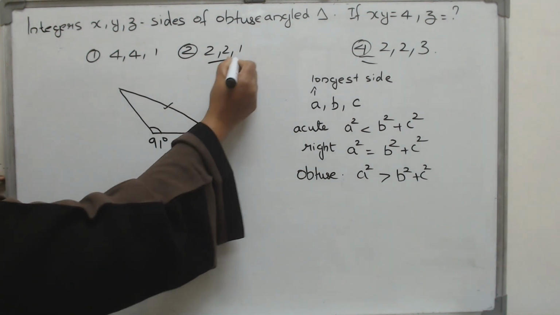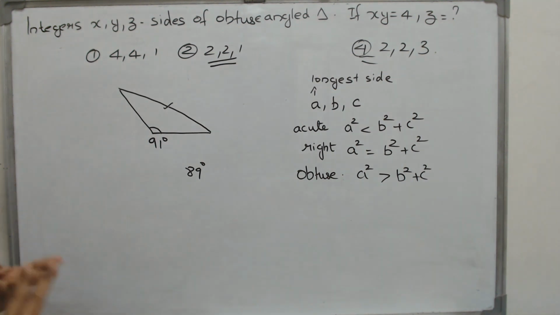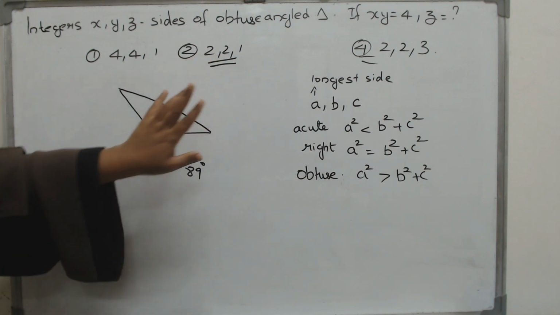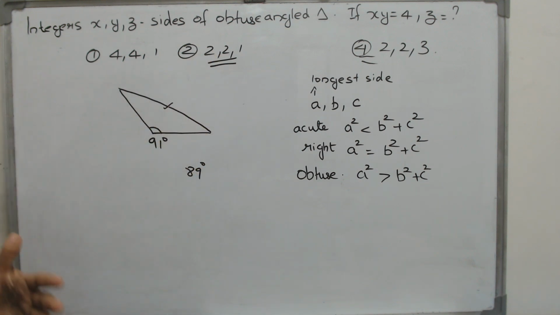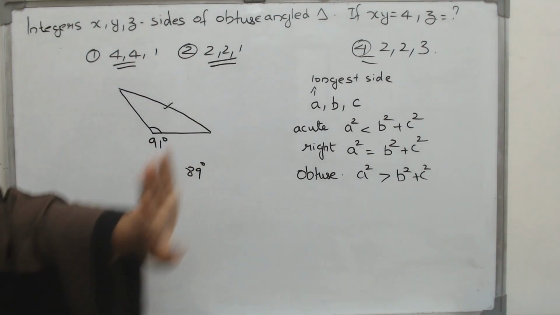Both of those angles have to be acute. And it is the same here. Look, 2 is greater than 1. You have two equal sides, which means two equal opposite angles. They cannot be obtuse, they have to be acute. So these two chances are gone. So that is the only option left.